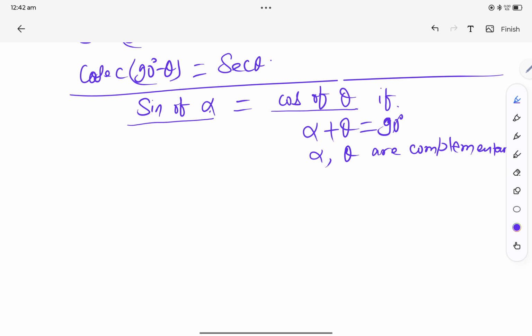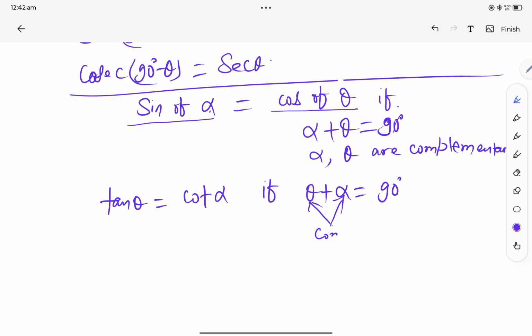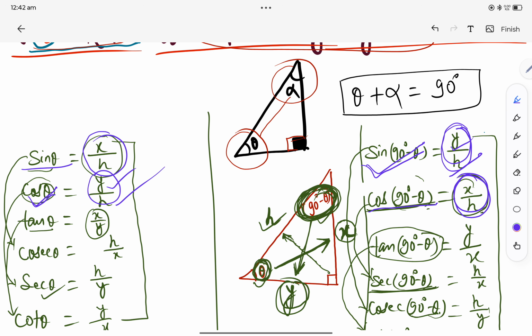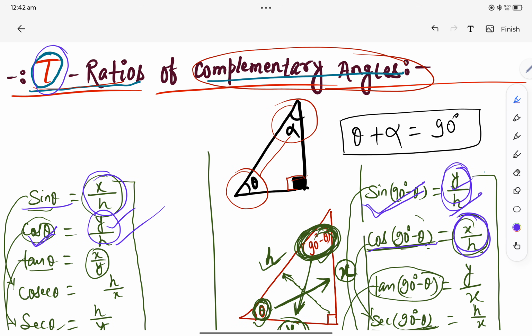Similarly, tan theta is equal to cot alpha if theta plus alpha is equal to 90 degrees. Once again, it is possible only when they are complementary. So we have learned about trigonometric ratios of complementary angles.